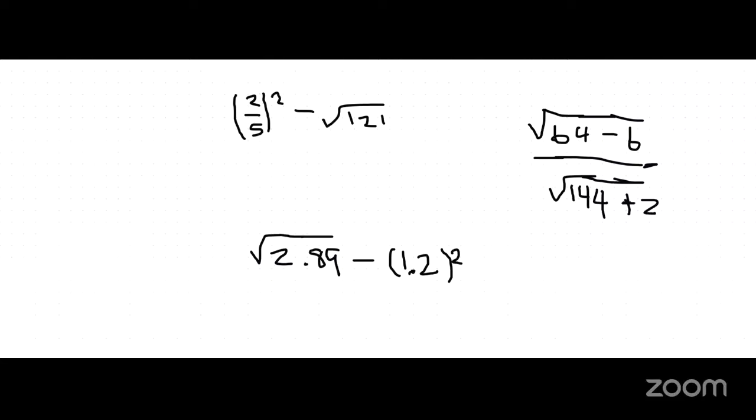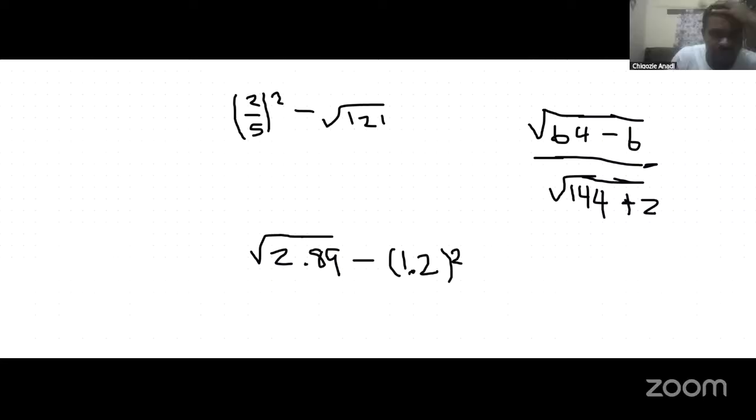Square means multiplying that number by itself, right? So this is going to be 2 times 2 over 5 times 5, minus the square root of 121.